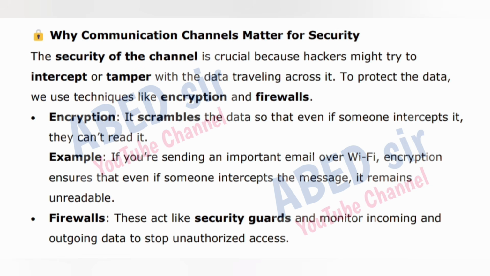Example, if you are sending an important email over Wi-Fi, encryption ensures that even if someone intercepts the message, it remains unreadable. Firewalls act like security guards and monitor incoming and outgoing data to stop unauthorized access.